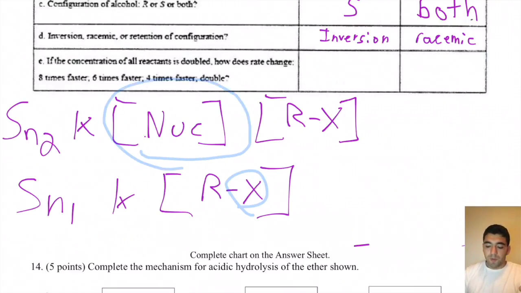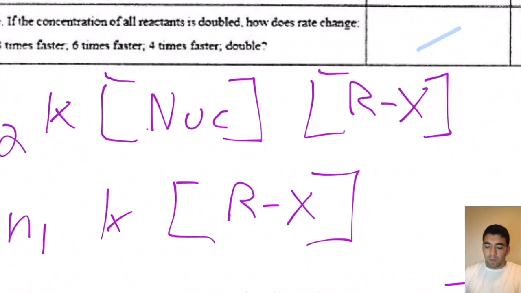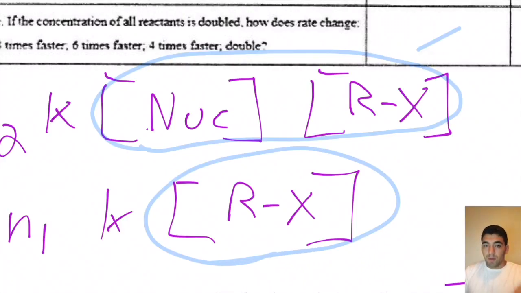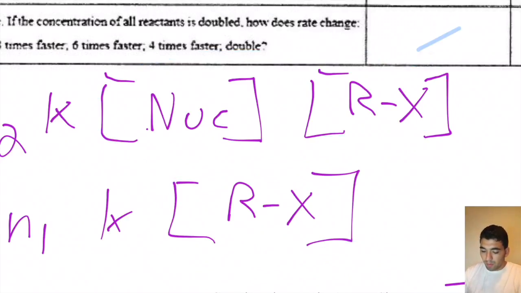In this case, this pushes it away, and here it just leaves by itself, and that's the step that takes the longest. So here you're dependent on two because these two things have to collide in order for the reaction to happen, and that's your rate determining step. Here you just gotta wait until that halogen decides that it thinks it's more stable on its own.